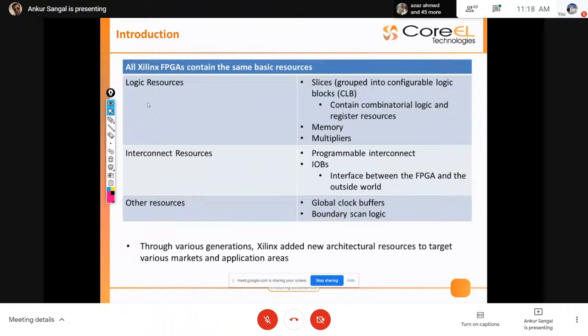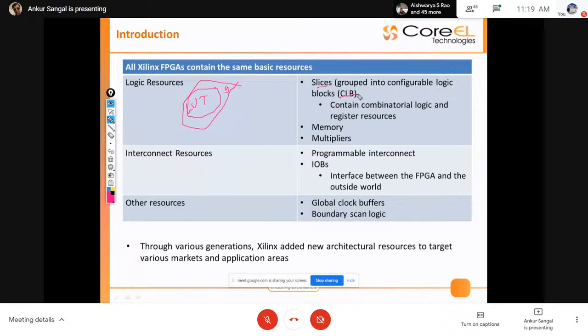Now I am discussing which types of resources are available. We have discussed LUT. A group of LUTs with flip-flops and some other logic gates we can call a slice. After that, a group of slices we can call a CLB.